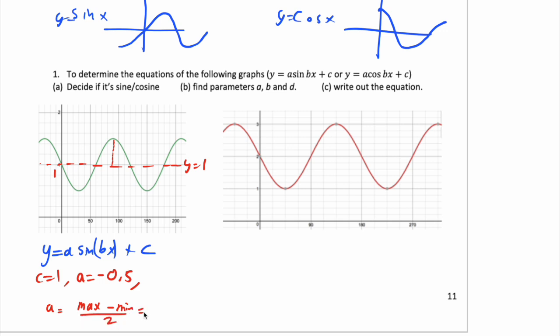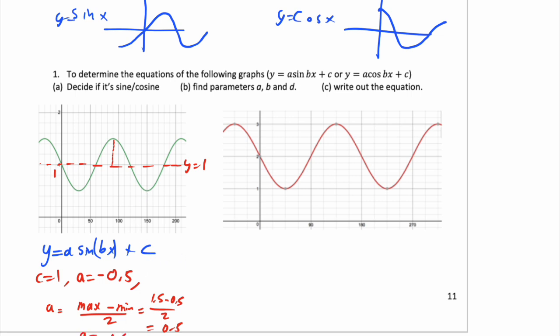And then change it to a positive or negative depending on what you need. So the maximum is 1.5 and the minimum is 0.5. Divided by 2, you do get 0.5, and you can see it's a reflection. So let's just do a equals negative 0.5.